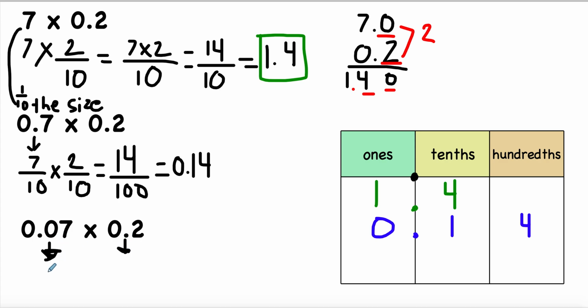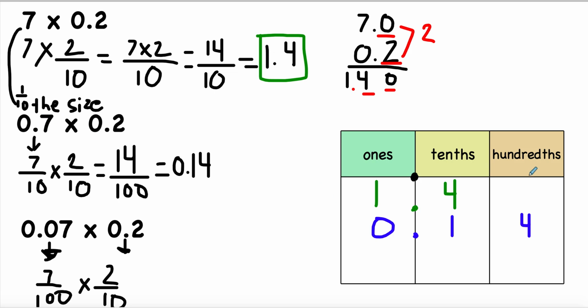So I'm going to rewrite this as 7 hundredths. I'm going to rewrite the 2/10 as 2/10. So again, I'm noticing that the first factor is 1/10 the size of what it was in the last problem.